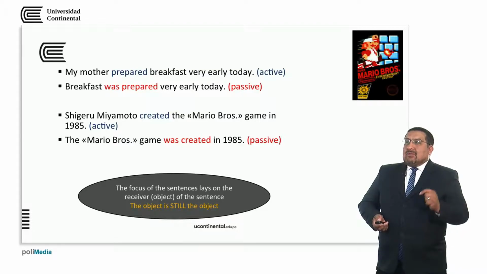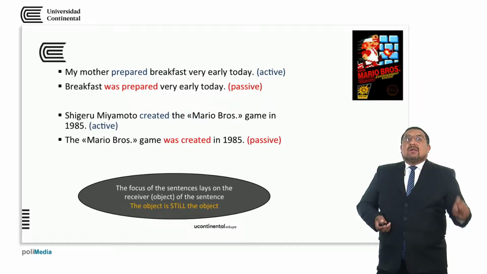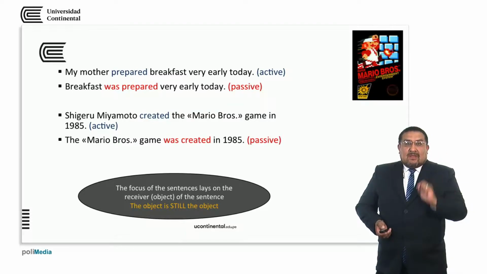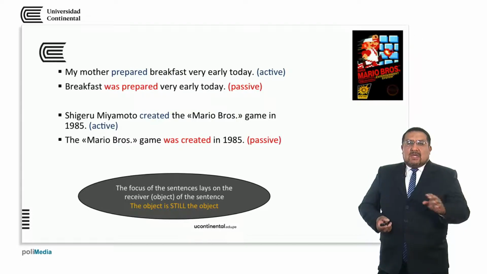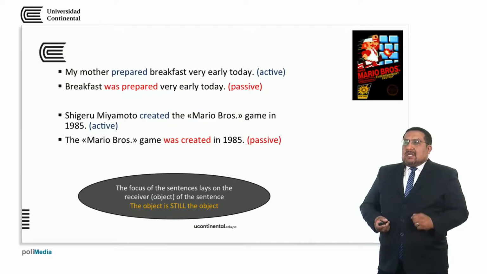When I am using the simple past passive voice, it means that the object of the sentence receives the focus of my attention. But it continues to be the object of the sentence. It doesn't come to be the subject. No, forget about it. It is still the object of the sentence.